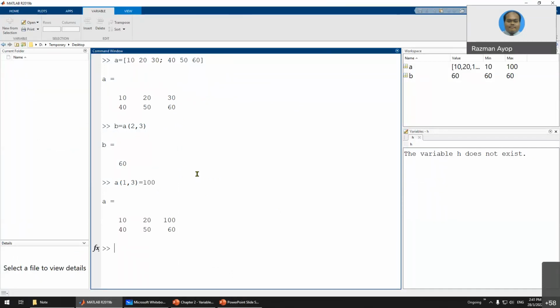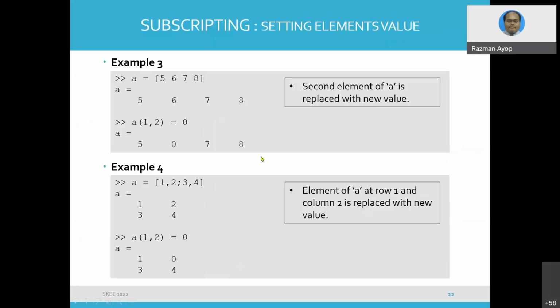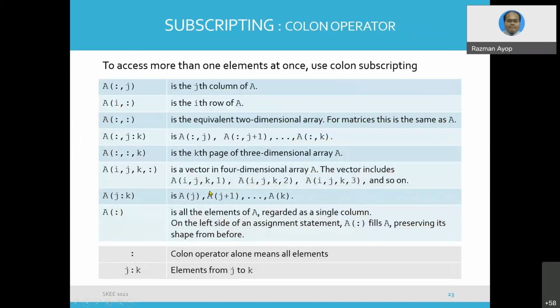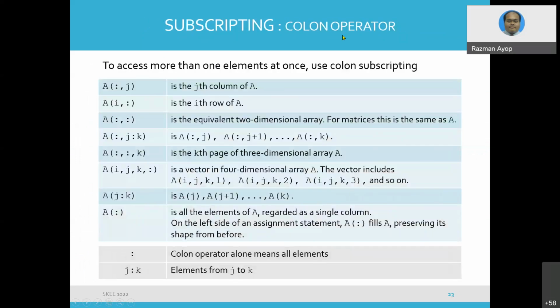If I enter this, you can see here the A value has been changed at this location only. So that is how you replace the data or replace the value. So this is the simple one. Now we start using colon operation. This is a little bit tricky.